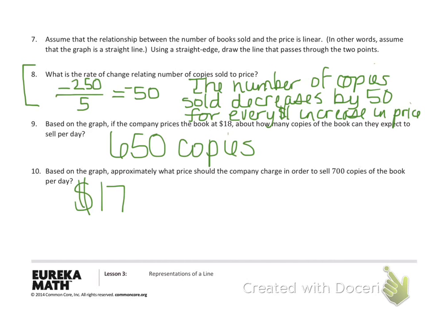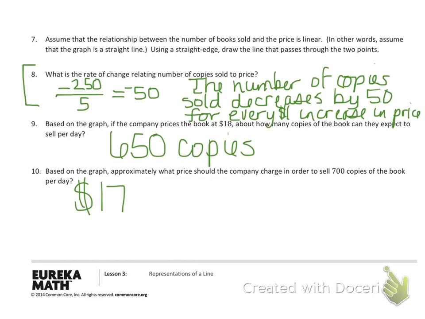Okay? The number of copies sold decreases by 50 for every $1 increase in price. And I could say it backwards too. I said for every $1 increase in price, the number of copies of books sold will decrease by 50.